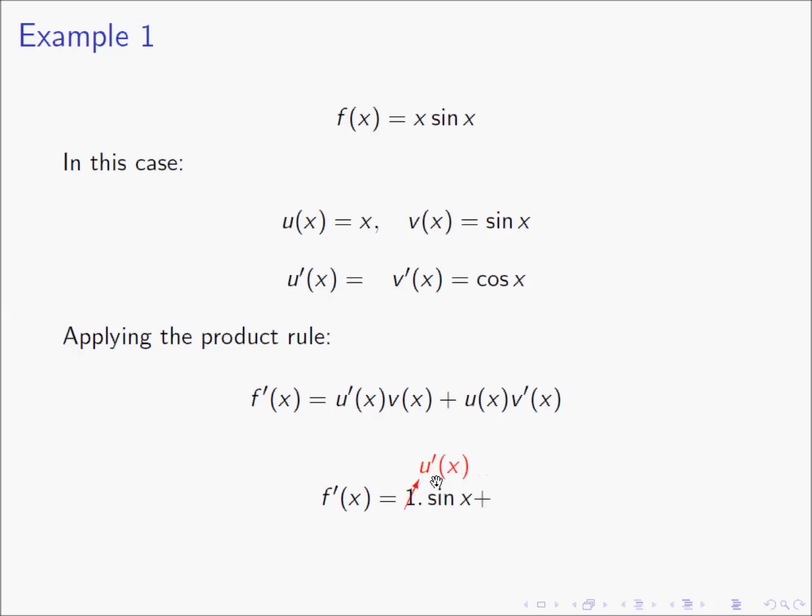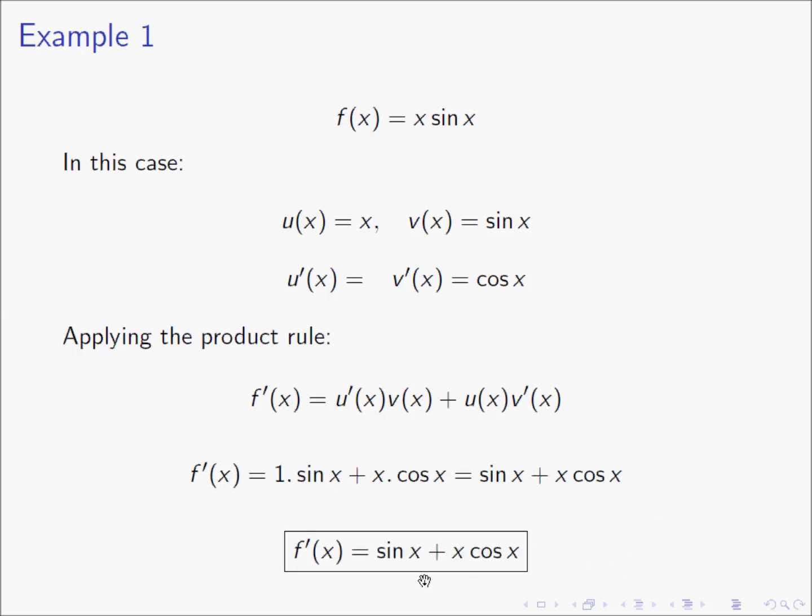Here 1 is u prime of x, and sine of x is v of x, plus x times cosine of x. Here x is u of x and cosine of x is v prime of x. And you can write this as sine of x plus x cosine of x. And that's the answer. This is the derivative of this function. That was easy.